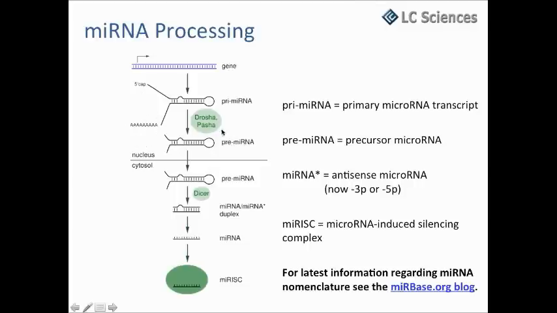This gets processed by an enzyme complex called Drosha and Pasha to the so-called precursor microRNA. Basically, what happens here is that the 5' cap and poly A tail are being cleaved off. And this precursor microRNA at this point in the mammalian system gets transferred into the cytosol.